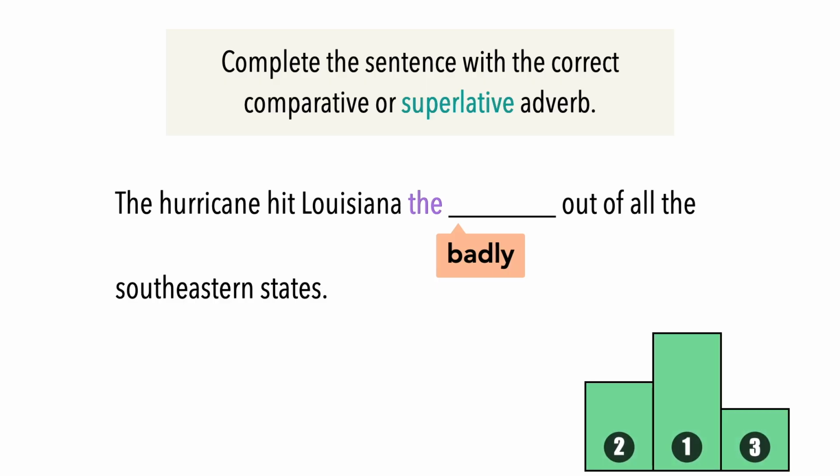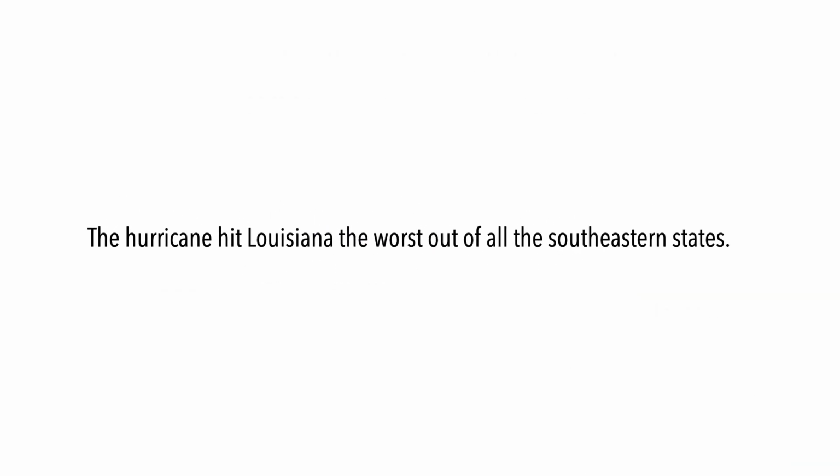In this sentence, how hard the hurricane hit Louisiana is being compared to how hard it hit all the southeastern states. So, this sentence needs the superlative form of badly, worst. The hurricane hit Louisiana the worst out of all the southeastern states. Really great work. Let's keep going.